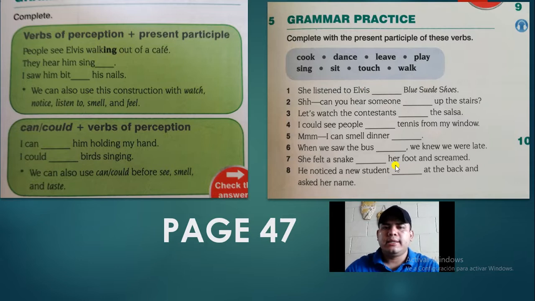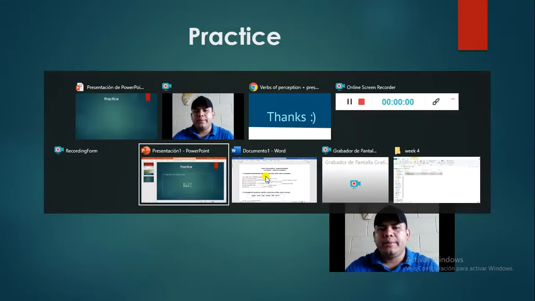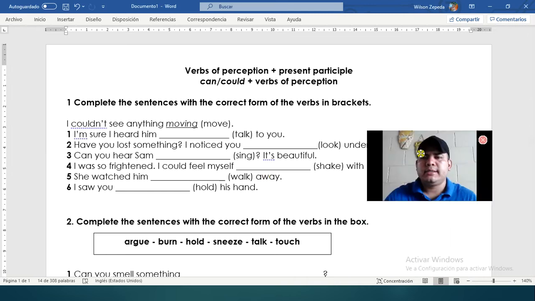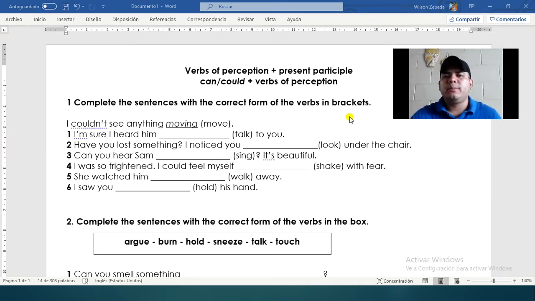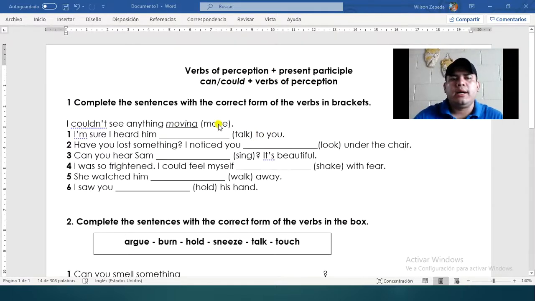Then the other practice is going to be about this. You are going to complete these exercises. There are 3 exercises with basically the parts of verbs of perception. In exercise number 1, you have to choose the correct option to complete it. I couldn't see anything moving, for example.